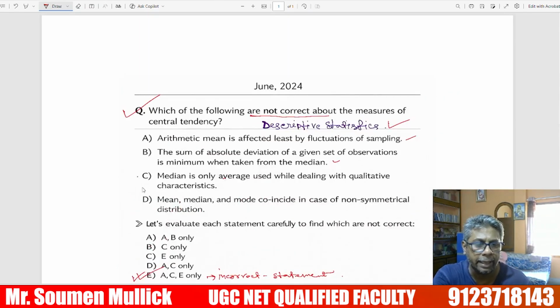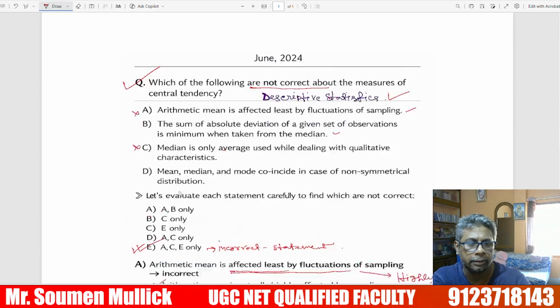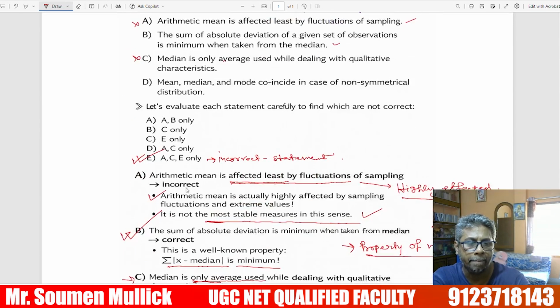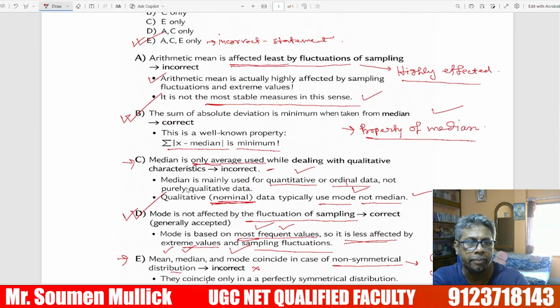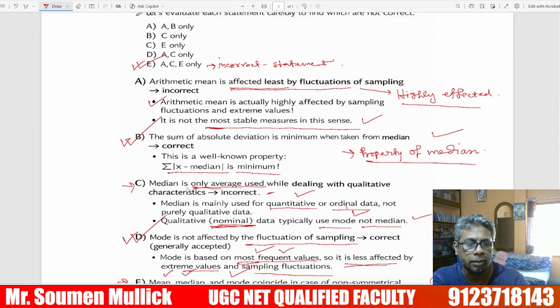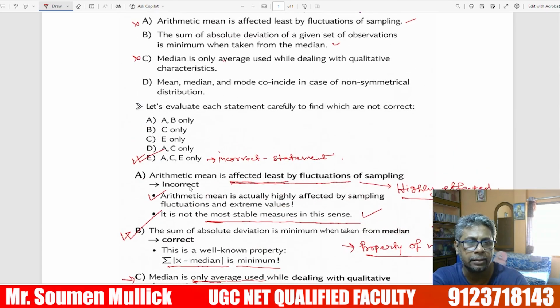Statements A, C and E are the incorrect ones.